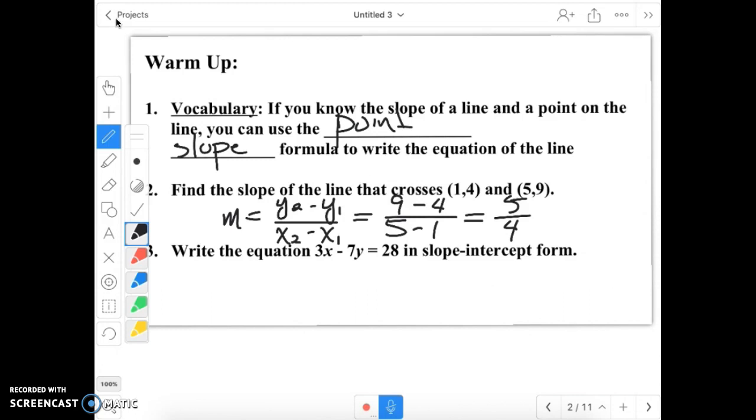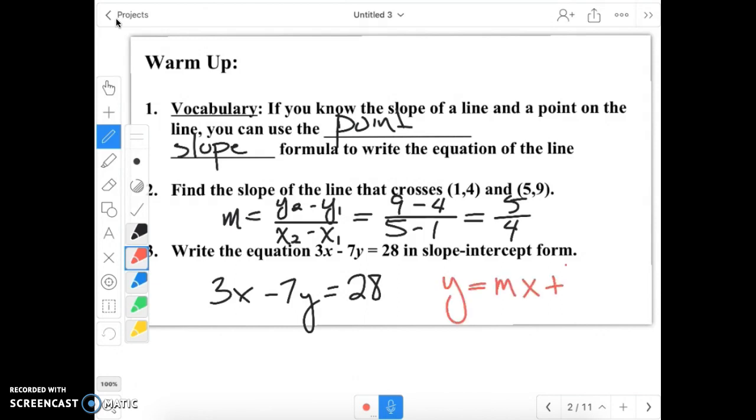And then lastly, number 3, write the equation 3x minus 7y equals 28 in slope-intercept form. So let me just rewrite this real quick. Our first step, if we want to get it in slope-intercept form, remember that that would be y equals mx plus b. So we're getting y all by itself.